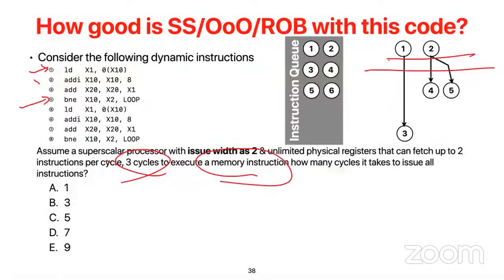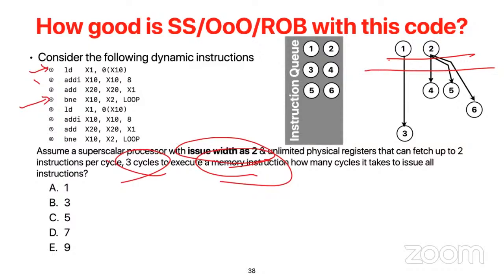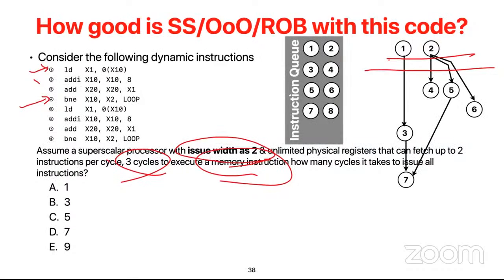But because right now we have the issue limit of 2, instruction 6 has to postpone a little bit. But because we still have issue slots, it's okay. If you keep drawing, you will figure out that the critical path would take a total of 7 cycles to get all instructions issued.